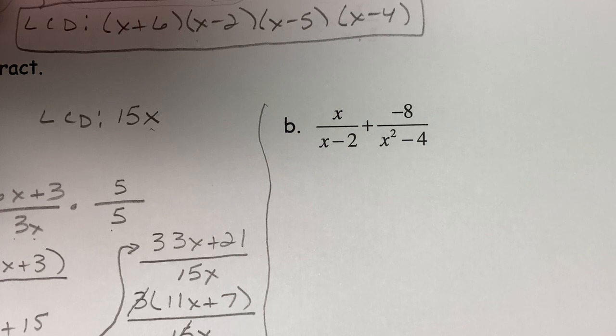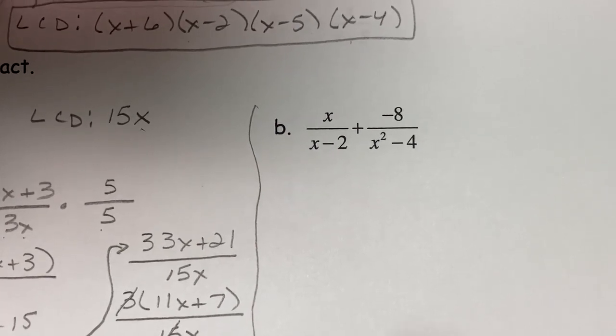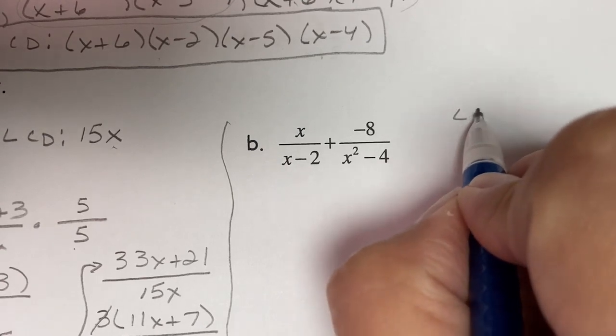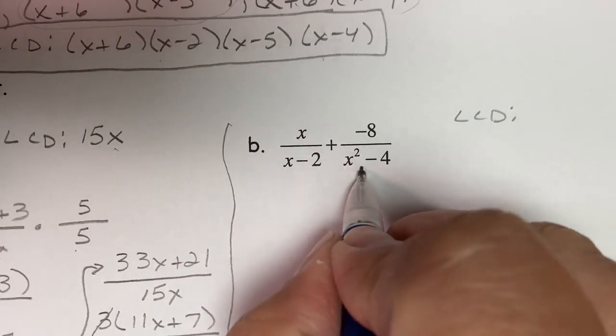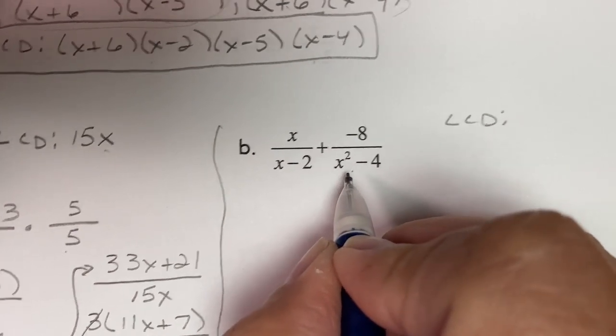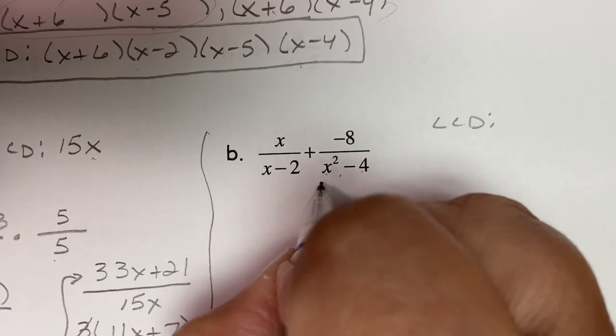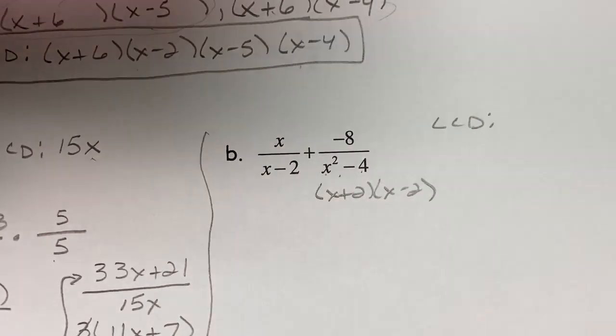So now let's go ahead and let's look at B. So the first thing we have to do is we have to find our lowest common denominator. Well, hopefully you notice that this denominator factors. You should always do that first. So this is a difference of squares. It's x plus 2 times x minus 2.